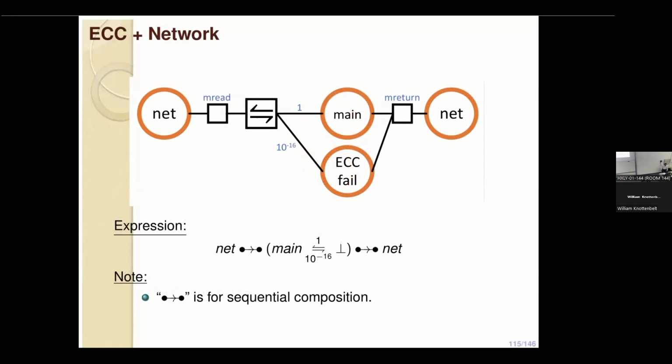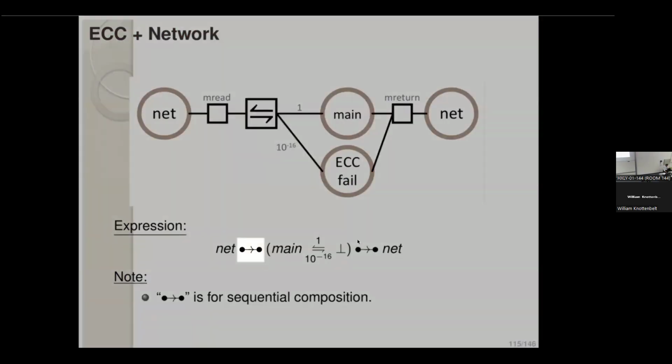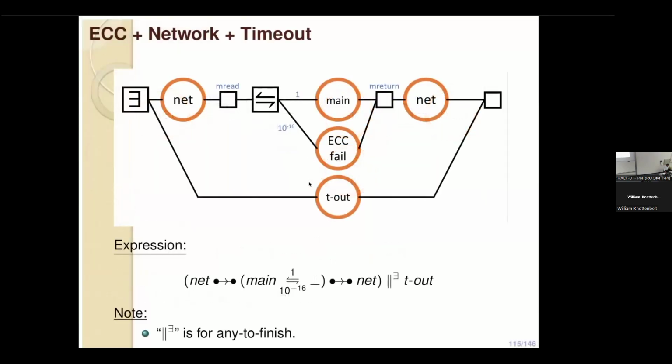Now then you add the network back and forth, and the diagram above you've seen. The new thing here is this sign, which is for our sequential composition, right? And that gives you a larger expression. You can even put the network in, put the timeout in, and then you get the first to finish.